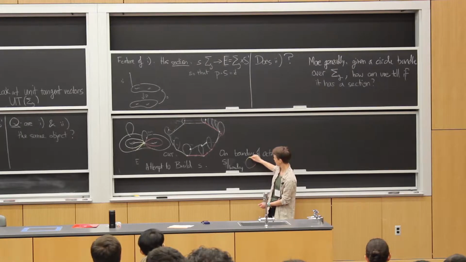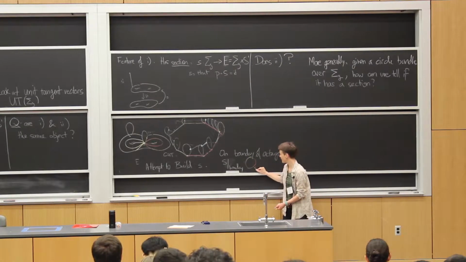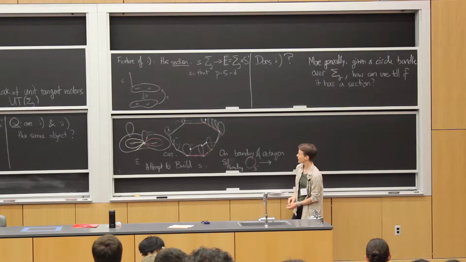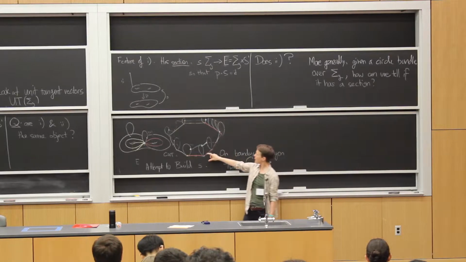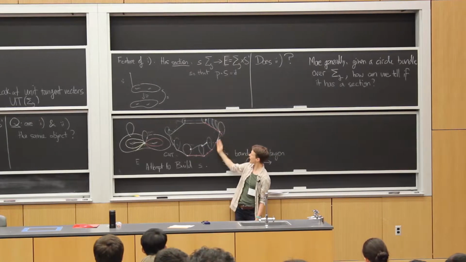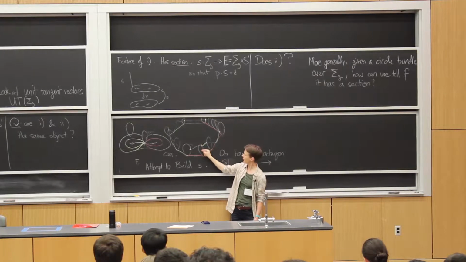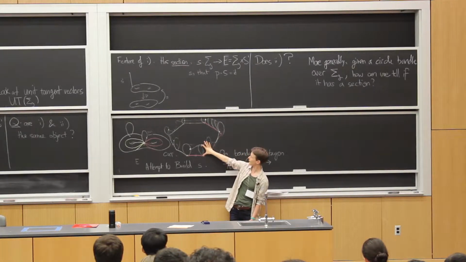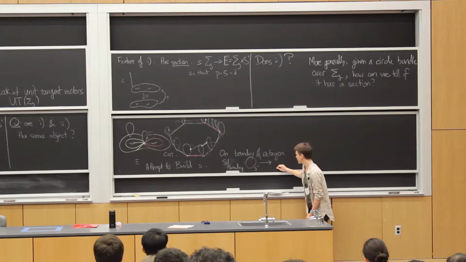I'll draw it this way, so we remember what it was. It goes into the boundary across a circle, but I can project to the fiber direction, and I can just see what it's doing on each of these.